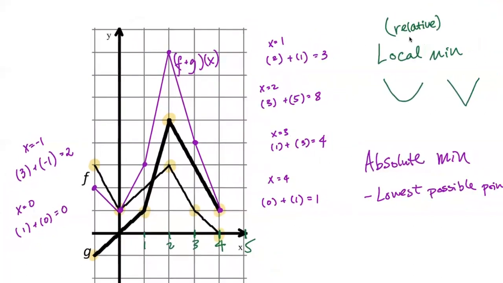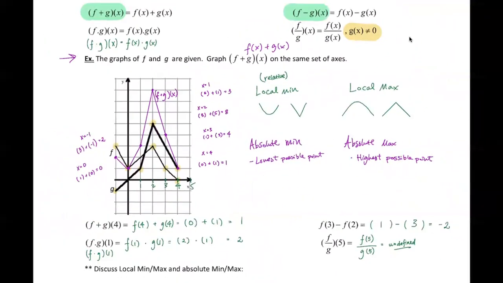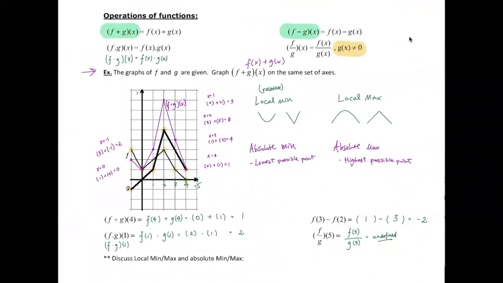All right, so that's really it for the operations of functions. Just to give you a quick recap: first, you must know the notation. Make sure you can interpret it properly and correctly. f plus g of x simply means that we have the two functions added together.